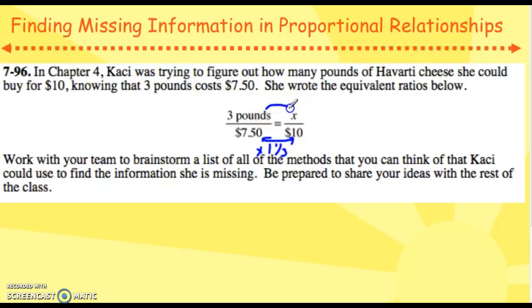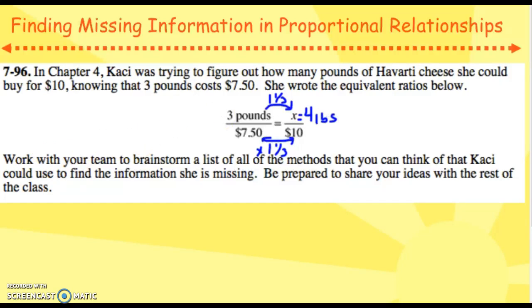So then I know if I do the same thing to my numerator, I will get the number of pounds that I could buy for $10. So I would do 3 times 1 1/3. You do the math for that, you should get 4 pounds. So if you did it a different way, as long as you get 4 pounds, your answer would be correct.